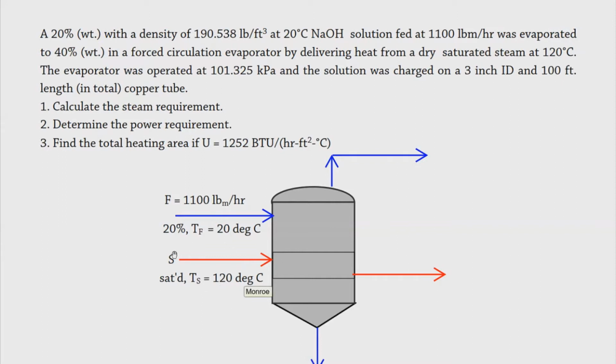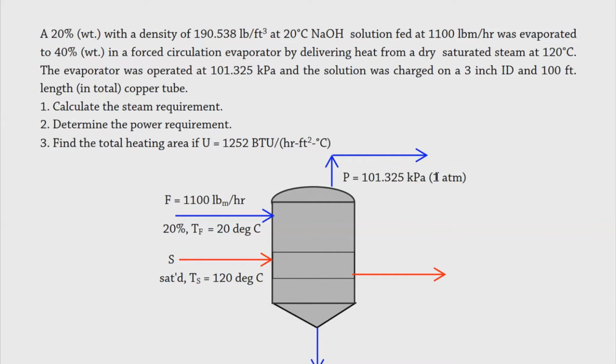Anyway, so we move on. The evaporator is operating at 101.325 kilopascal, so the pressure at this vapor chest is 101.325 kilopascal. That's actually 1 atmosphere, so let's write 1 atmosphere here.